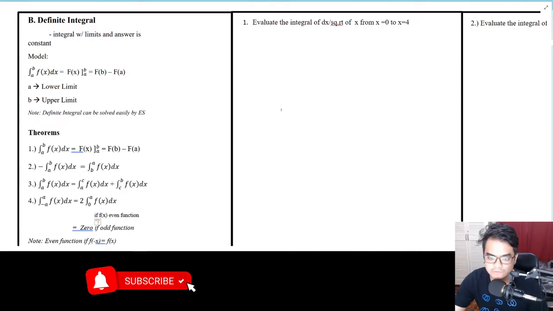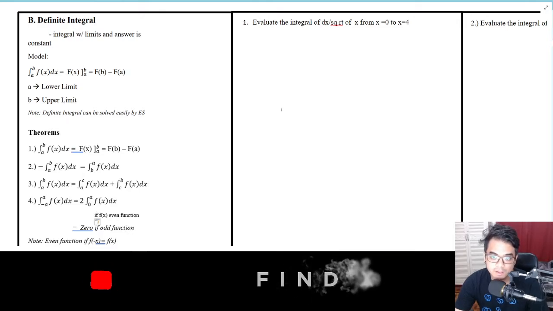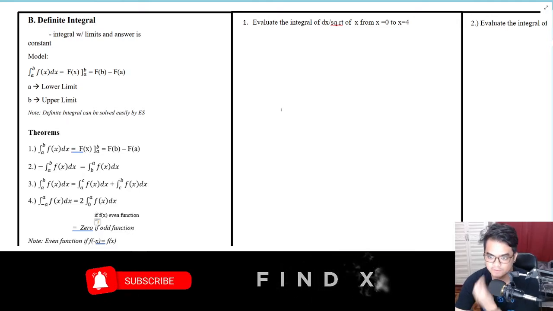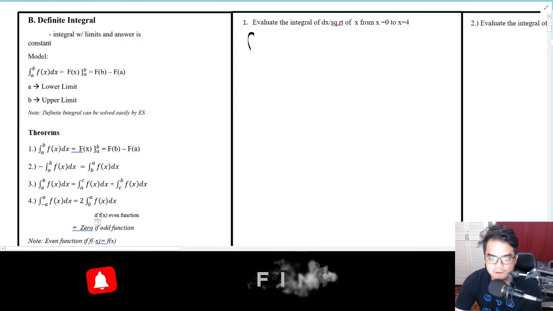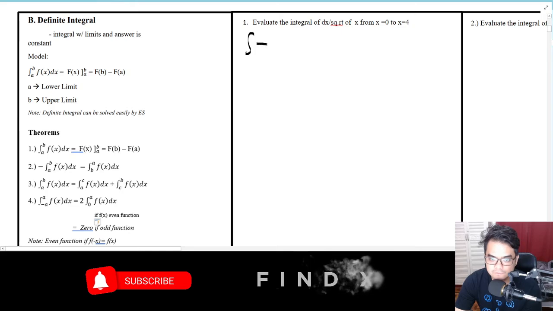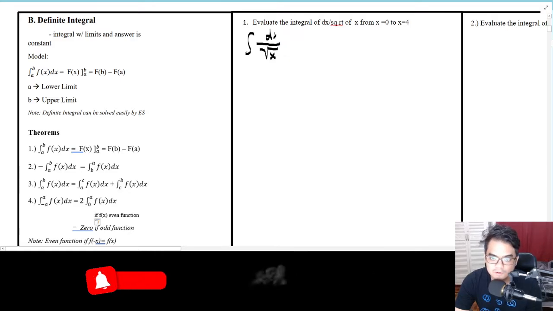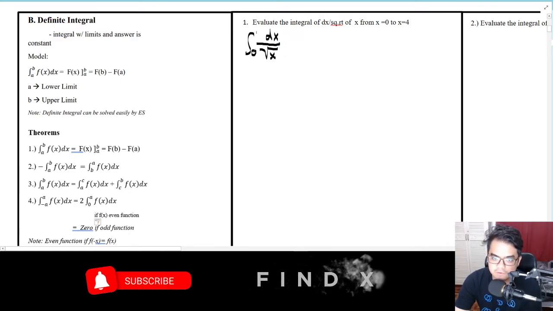Okay, so solving the first problem, we have here: evaluate the integral of dx over square root of x from x equal to 0 to x equal to 4. So writing that, you'll have here integral of dx over square root of x, with limits from 0 to 4.